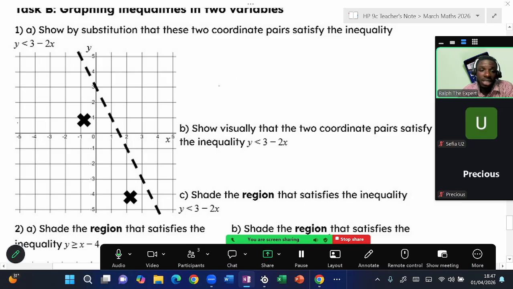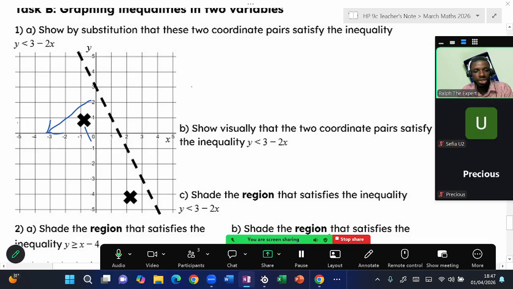Well, it may not satisfy. I don't even want to use the point. I'm going to choose my own points. But what I used to do is I would choose a point at this side.